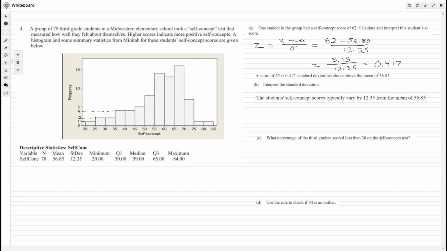All right, next up, C. What percentage of the third graders scored less than 30 on the self-concept test? This is the step where I mentioned we can gauge from the data where these values fall. A score less than 30 is right about here. There's the cutoff at 30.